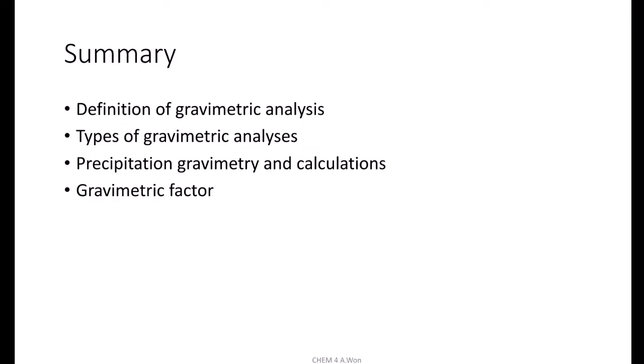Just to summarize in this video, we discussed the definition of gravimetric analysis, also the types of gravimetric analyses. We focused on precipitation gravimetry and some calculations, and we also talked about the gravimetric factor. So that is all for this video. Thank you for listening.